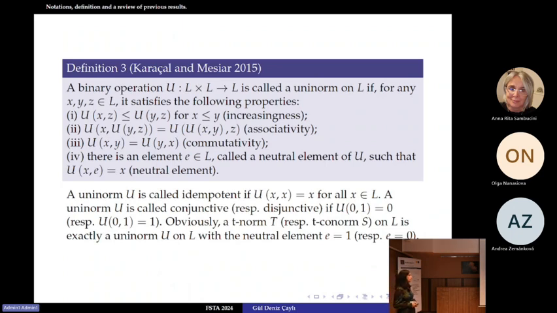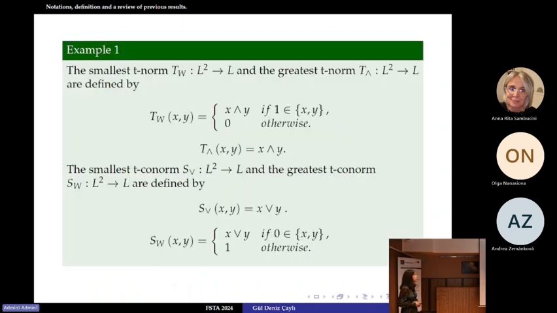And similarly, we can define a disjunctive uninorm. If the neutral element E of a uninorm is 1, we have a T-norm. Dually, if the neutral element is 0, we get a T-conorm. In the following, we can give some examples of T-norms and T-conorms.